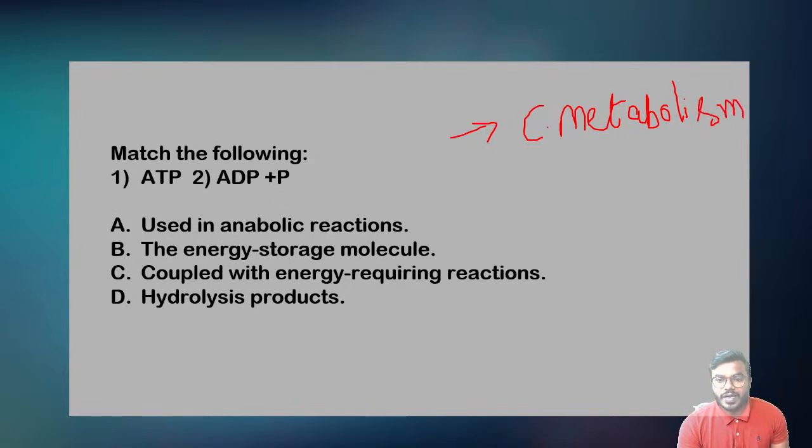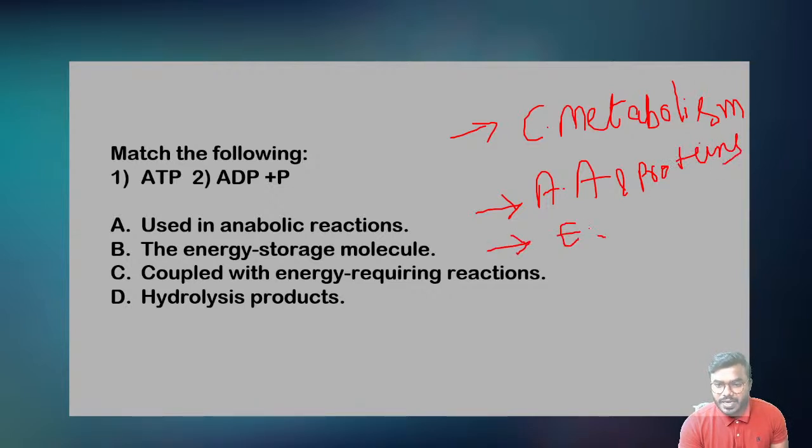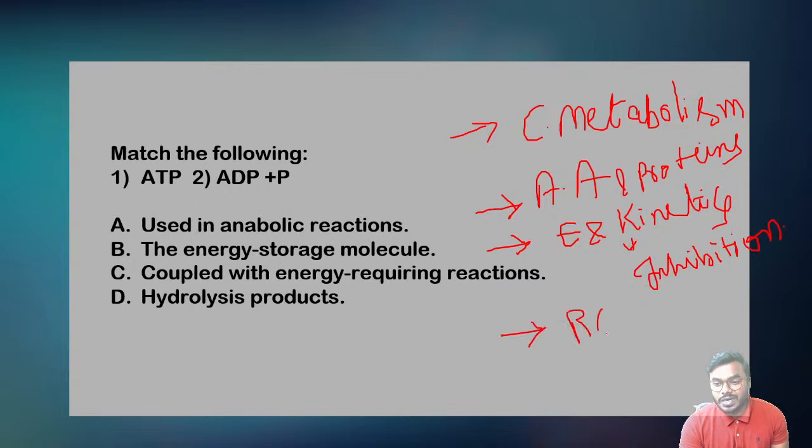We are discussing carbohydrate metabolism. We are discussing amino acids and proteins. And we discuss enzymes and their kinetics, along with the inhibition. Compulsorily we will read the process of enzyme inhibition as well, along with the RC plot.